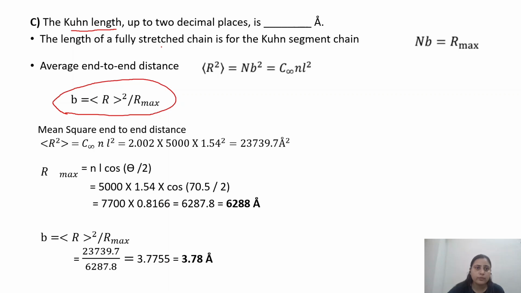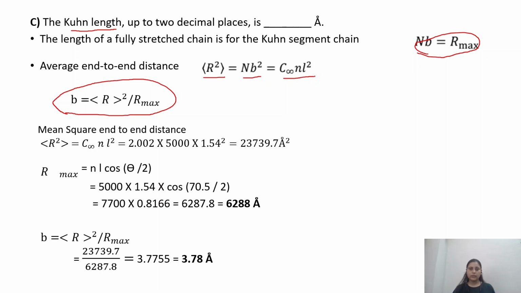When the polymeric chain is in the fully stretched condition, the cone segment chain can be NB equals R max. But when we calculate the average end-to-end distance, R square equals NB square, which equals the characteristic ratio times N times L square.